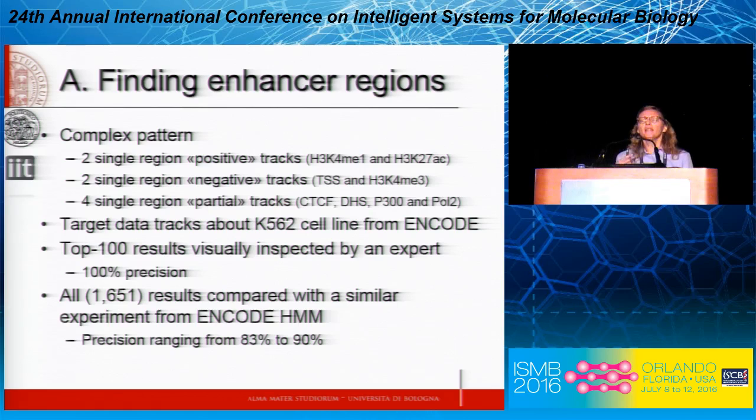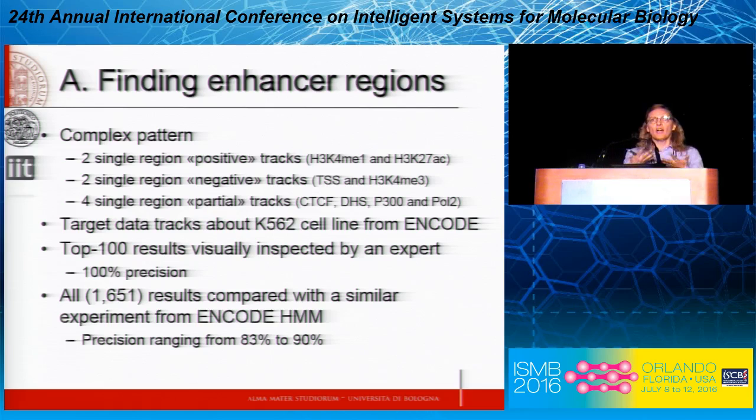To evaluate the quality of our results in a more objective way, we also decided to compare the whole set of matchings provided by our algorithm with a similar experiment from ENCODE HMM.